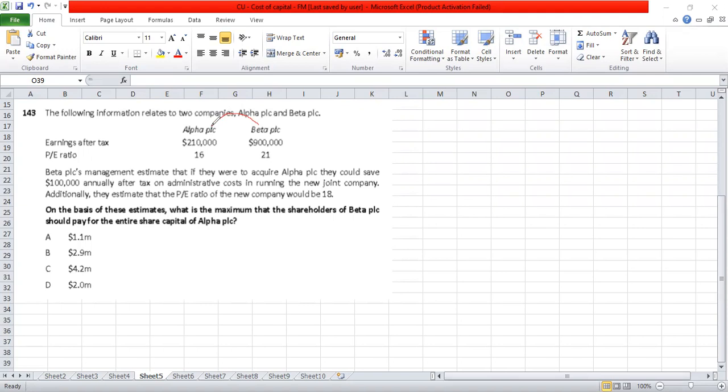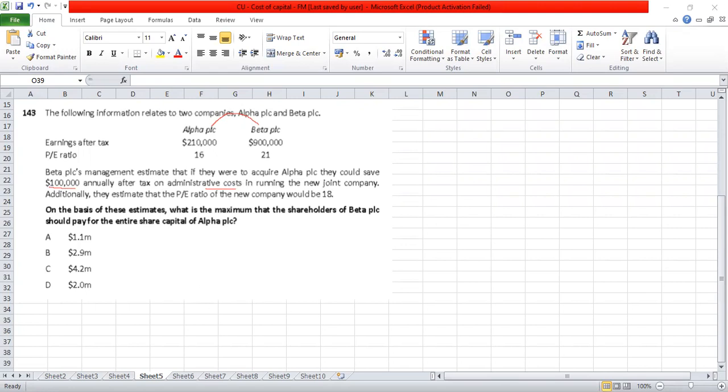So they are looking at some benefit if they take over another company. Additionally, they estimate that the price earnings ratio of the new company would be 18. This is what they are anticipating. On the basis of these estimates, what is the maximum that the shareholders of Beta PLC should pay for the entire share capital of Alpha PLC?